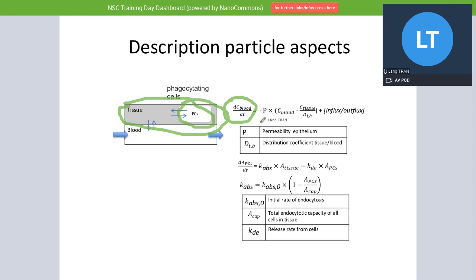It is equal to what goes from the blood into the tissue, yeah? And it is added with what goes from the tissue to the blood. So whatever goes into the blood is positive, and what goes out of the blood, obviously, is negative. Do you see what I'm saying?